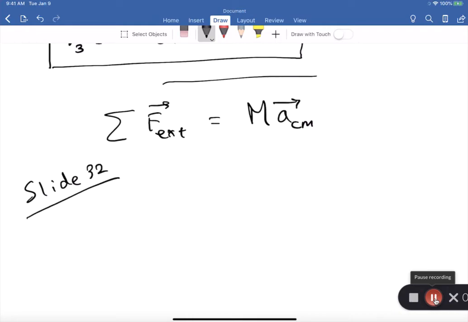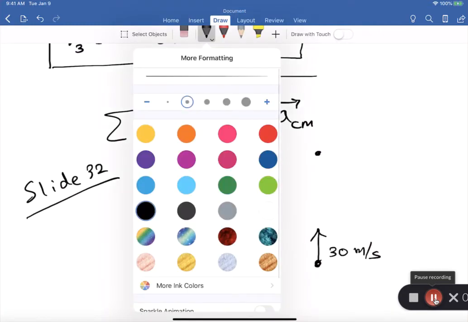So the bomb is launched vertically from the ground with a velocity of 30 meters per second. And then it reaches a point over here, which is the highest point of its trajectory. And there it breaks up into two pieces. I'm just going to draw the two pieces in different colors.